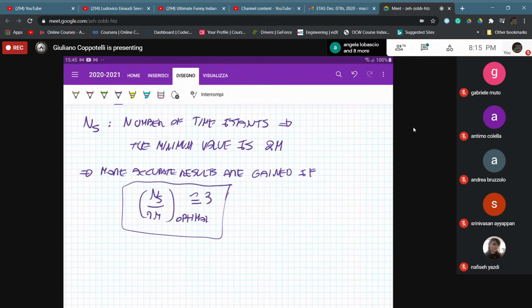Okay, so we start with a very low value of 2m. We make this analysis, so time shift 1, time shift 2, and so on, until we find the solution that is not dependent on the choice of the 2m.